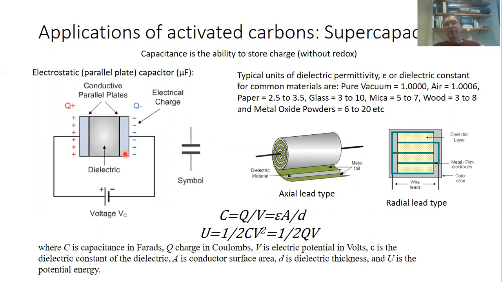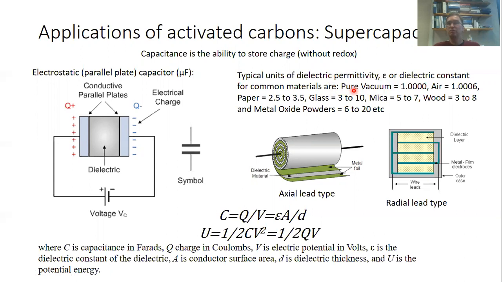So the dielectric constant is usually given in form of a relative dielectric constant, whereby relative means relative to the dielectric constant of the vacuum. So pure vacuum has the lowest dielectric constant possible. And this is simply because vacuum doesn't contain matter.